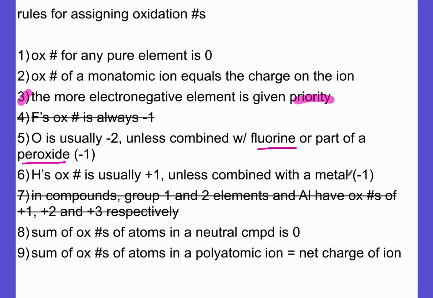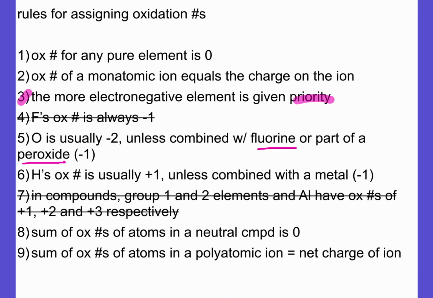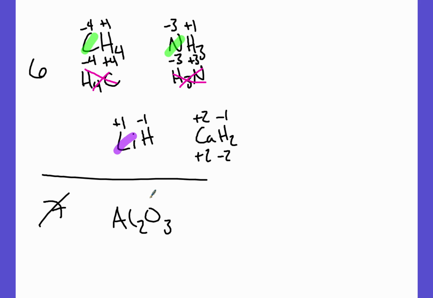Number 7 says compounds, group 1 and 2 elements and aluminum have oxidation numbers of 1, 2, 3 respectively. That is not necessary, right? I don't think that rule is necessary. Again, it's just like the rules before. If this is 6, this is 7, but I don't really need 7, because even if I had aluminum oxide from earlier that we were talking about, this is an ionic compound.